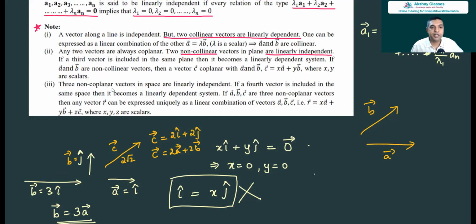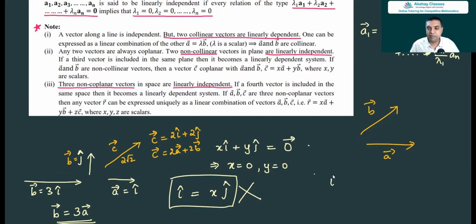Then similarly, three non-coplanar vectors in space are linearly independent, i, j, k. So the condition is they should be non-coplanar. They are linearly independent. But if you include a fourth vector in space, then it becomes a linearly dependent system.